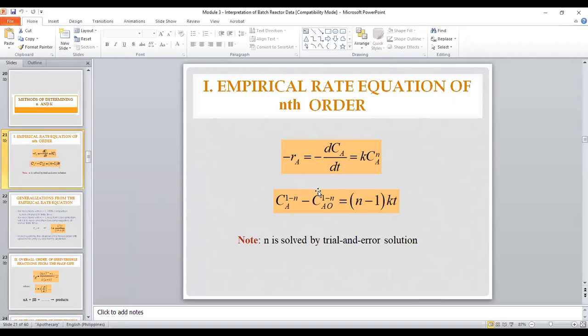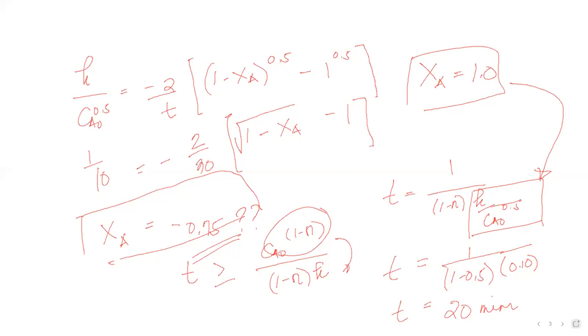So I will take a picture so we will not have to derive again. We can save the time and then place it just on the whiteboard. Share. So I just showed to you the empirical rate equation. So we'll start with the new slide here.